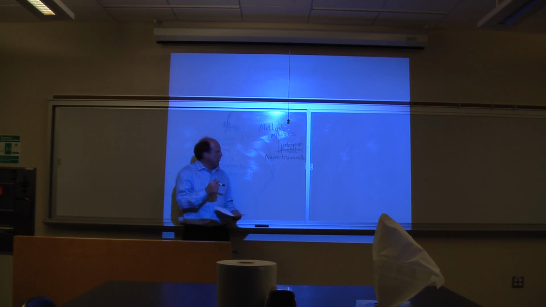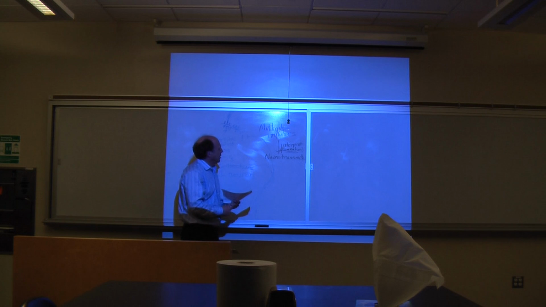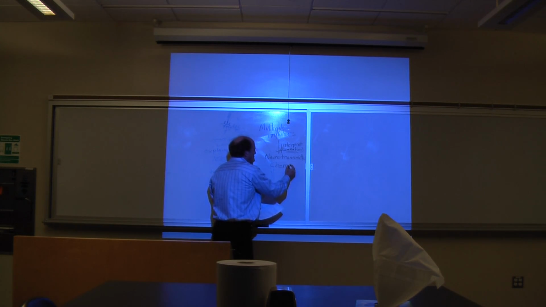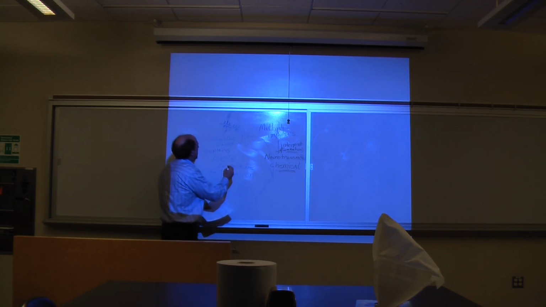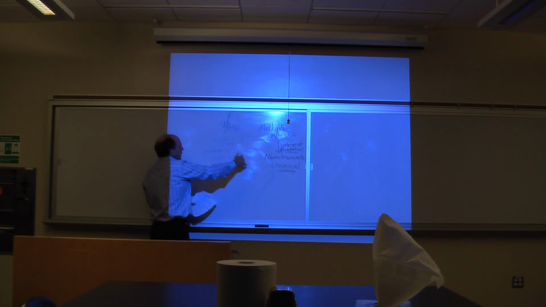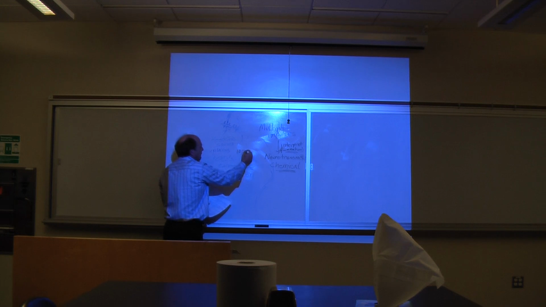So these neurotransmitters, though, the neurotransmitter, it's some kind of chemical. Whereas before, what we were talking about in the propagation of a neuronal signal was ions, right?